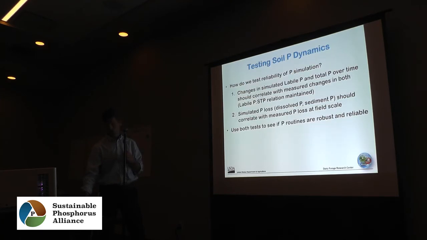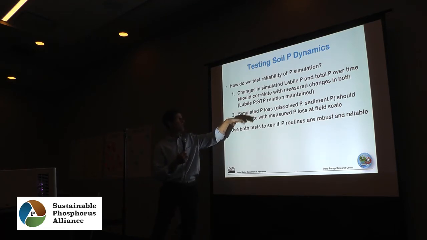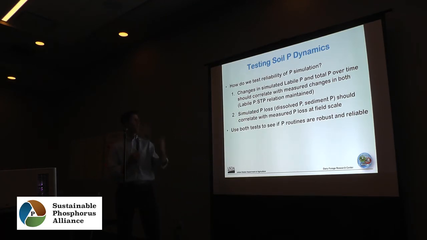In testing our soil P dynamics through time, there are two things really to look at. If we're equating our soil test P to labile P, we want to make sure that we're able to simulate those changes in labile P through time, and they maintain that relationship between labile P and soil test P as things change.